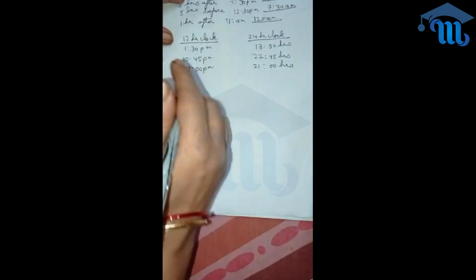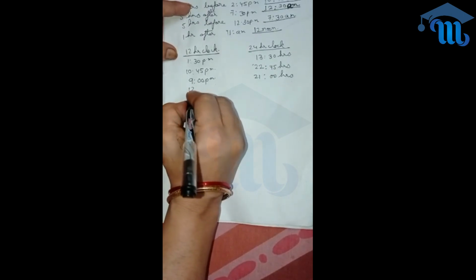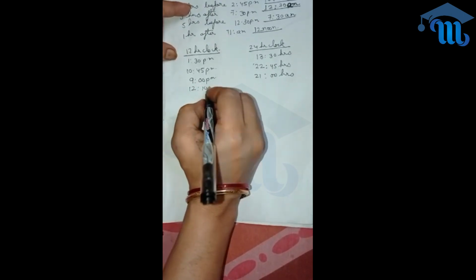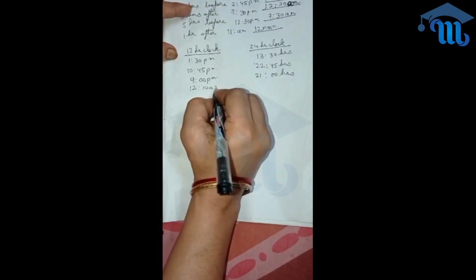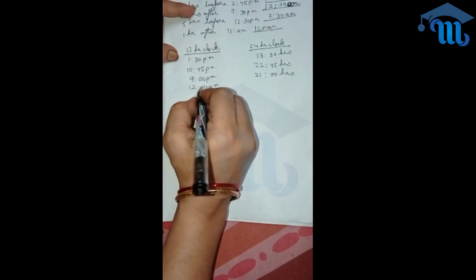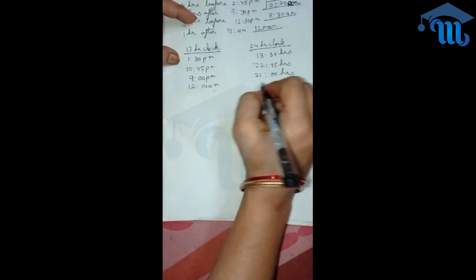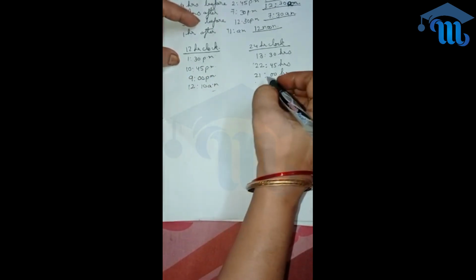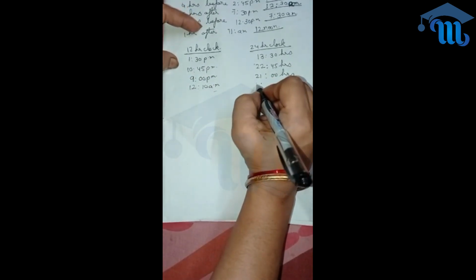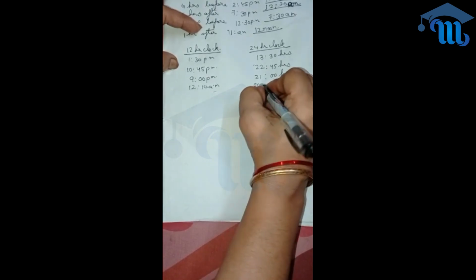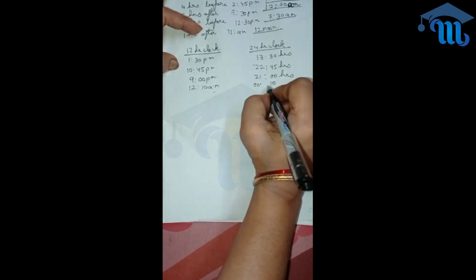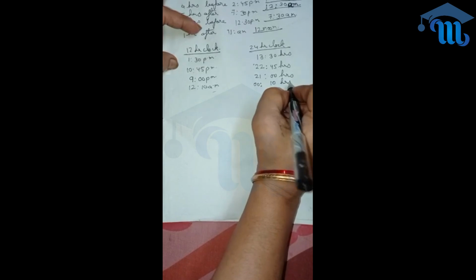Okay. 12:10 AM in 12-hour clock, then in 24-hour clock it will be written as 00:10 hours.